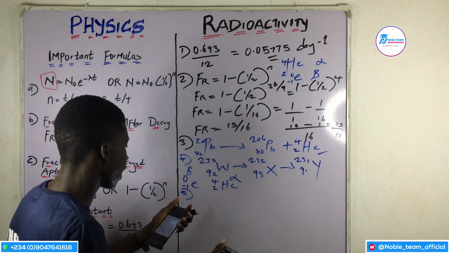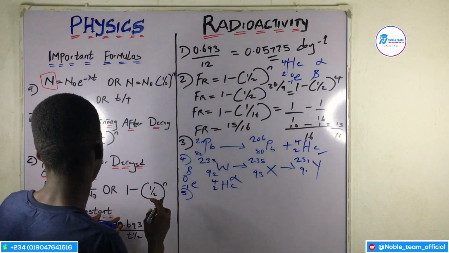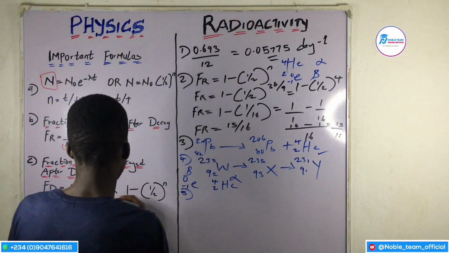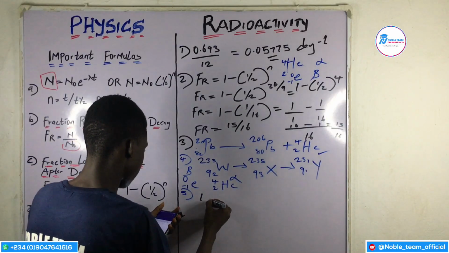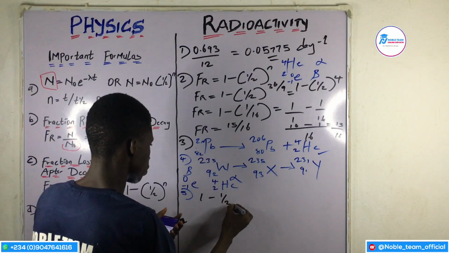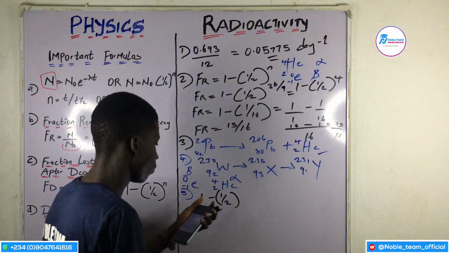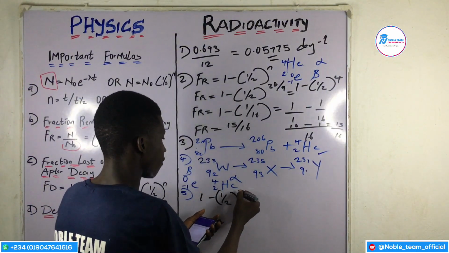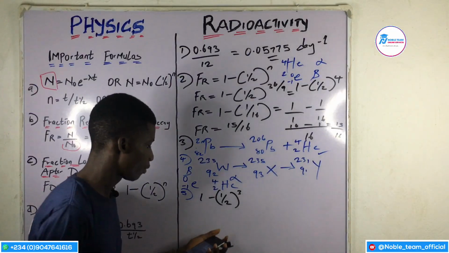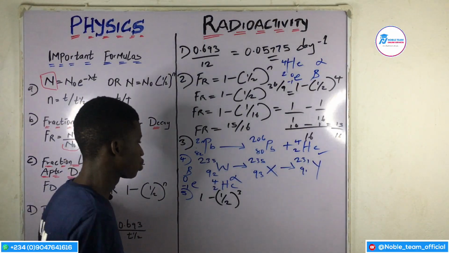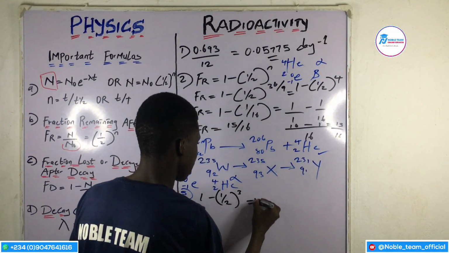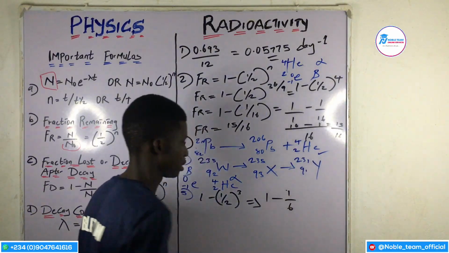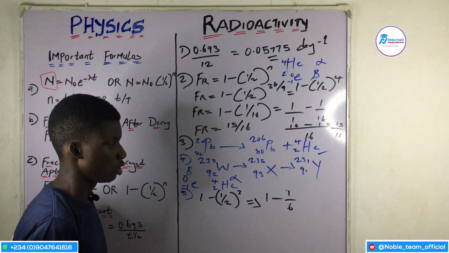We said after 3 half-lives. So it is 1 minus 1 over 2, in brackets. We already have the number of half-lives, so no need to look for it. Our number of half-lives here is 3. So doing our normal substitution, we have 1 minus 1 over 2 to the power 3, which is 1 over 6. Do you understand?